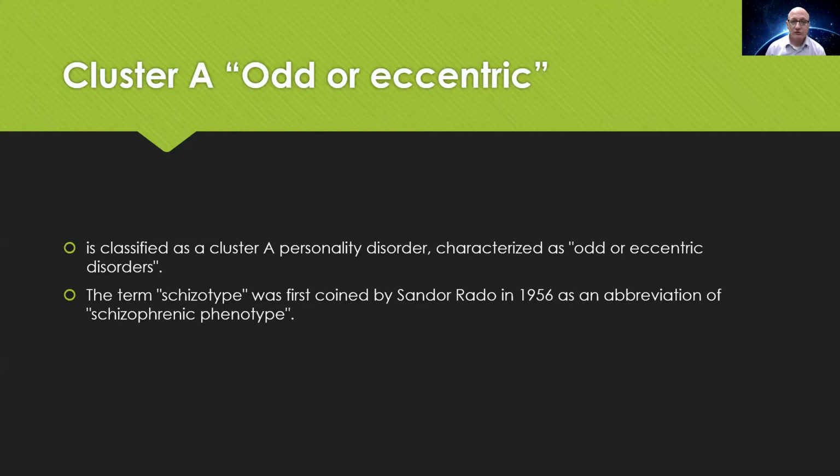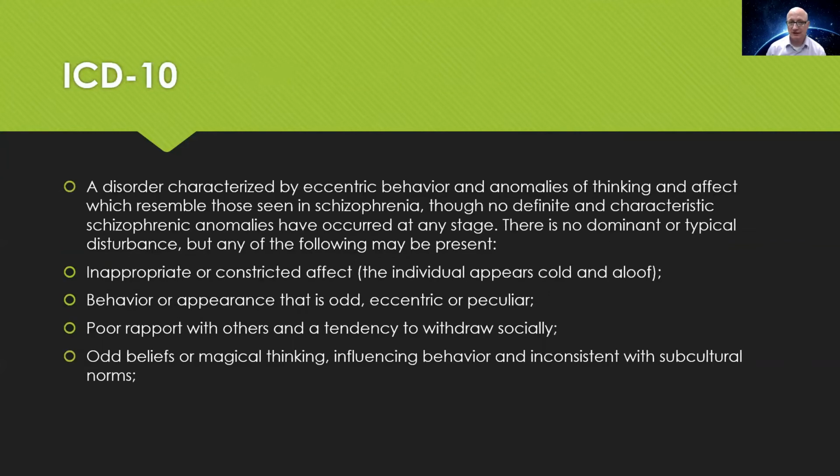The term schizotype was first coined by this guy in 1956. So schizotypal is how I've decided is the correct way to pronounce the disorder. He calls it a schizophrenic phenotype. That's interesting. The ICD-10 is a little different than the DSM-5.